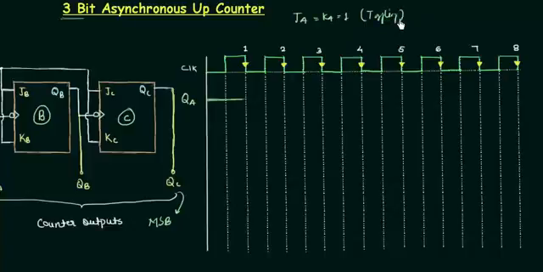And in toggling you remember that Qn plus 1, which is the next state, is equal to Qn complement. So the next state is equal to the complement of the present state. So at this falling edge the next state will be 1, because the present state is 0. So taking its complement we have 1, and it will remain 1 or high till the next falling edge.